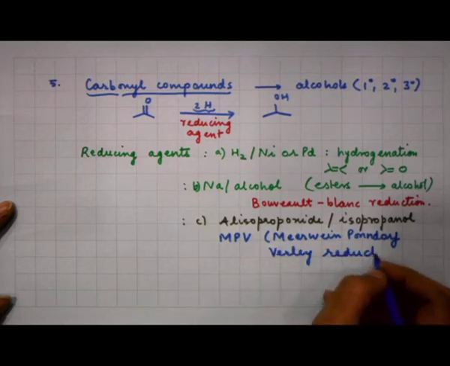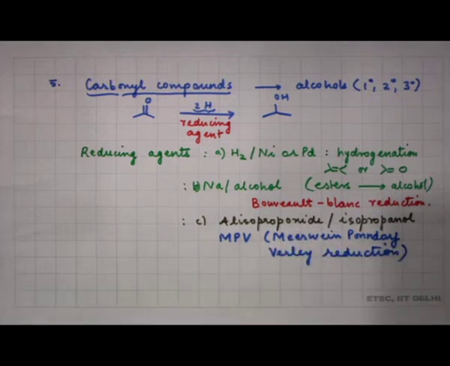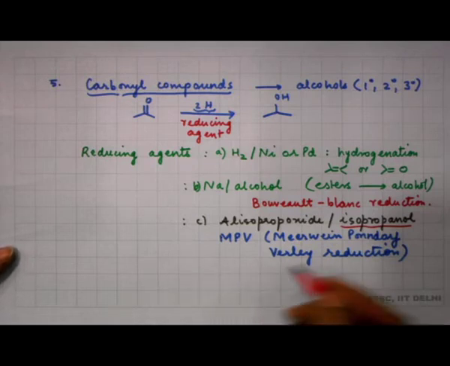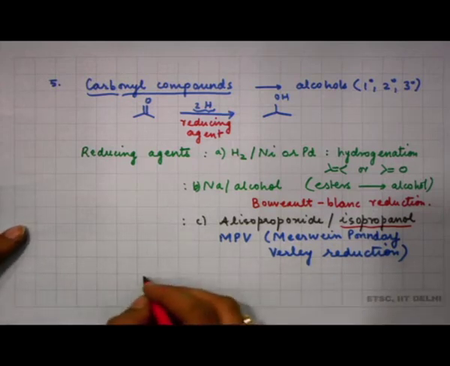This is a very cheap method of carrying out the reduction because it is using a cheap reagent like aluminium isopropoxide, and isopropanol is the sacrificial alcohol which is used in this reaction.